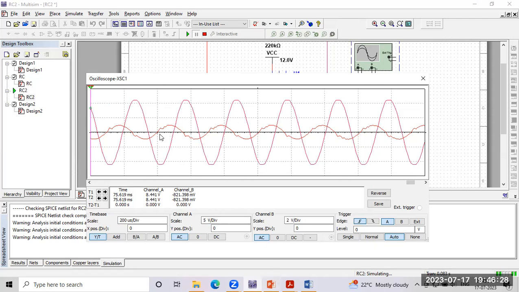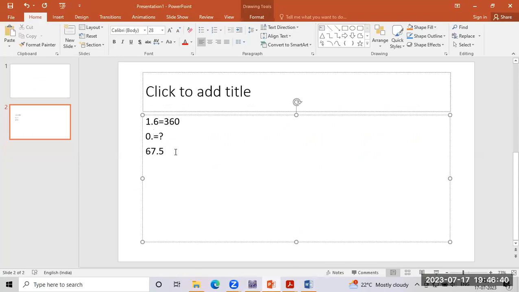One step equals 0.2, 0.4. Here this waveform is in the middle, so I'm going to consider 0.1, total 0.5. 0.5 equals question mark. Do the cross multiplication: 0.5 into 360 divided by 1.6, total 112. Actually it should give 120 degrees, but it's okay, 112.